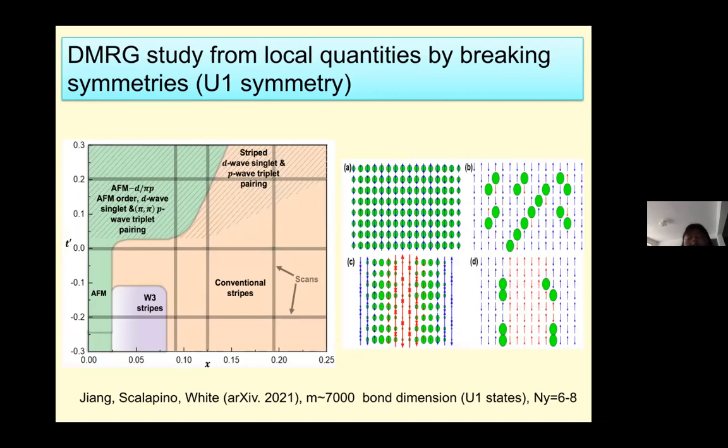For that picture, they studied a wider system with up to 8-leg ladders. The reason they can study much wider systems is because we believe local quantities are much easier to converge than long-range correlations.